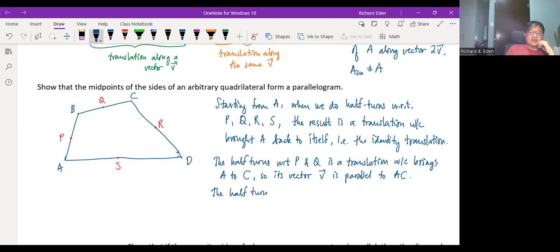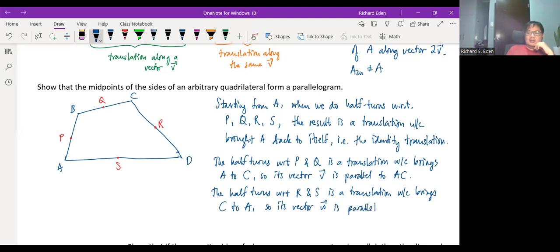the half turns with respect to R and S is also a translation which brings, so kasi mangyayari nung A napunta sa B and then to C. And then when you do the last translations, C will be brought to D and then D brought back to A. So the half turns with respect to the last two centers R and S is a translation which brings C to A. So its vector W is parallel to AC.